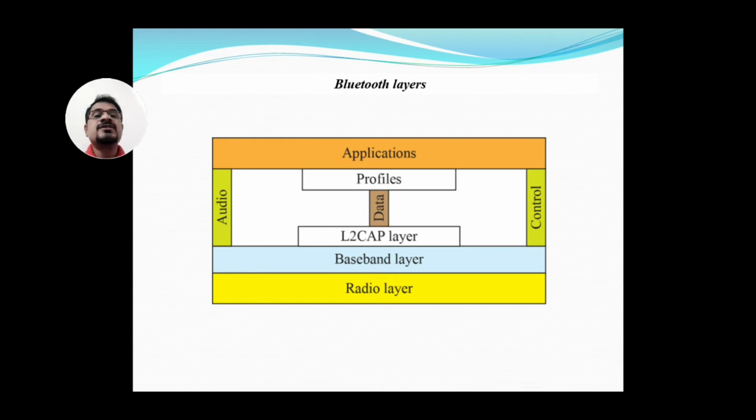Higher layers may have multiple profiles, and each profile may create different data. All that data can be multiplexed and sent to the next level. The segmentation and reassembly process also has to be taken care of by the L2CAP layer. In parallel it has to support audio as well as video and common control.